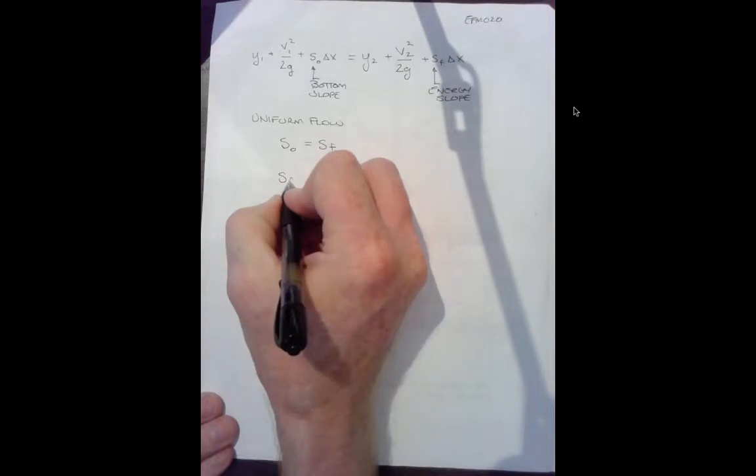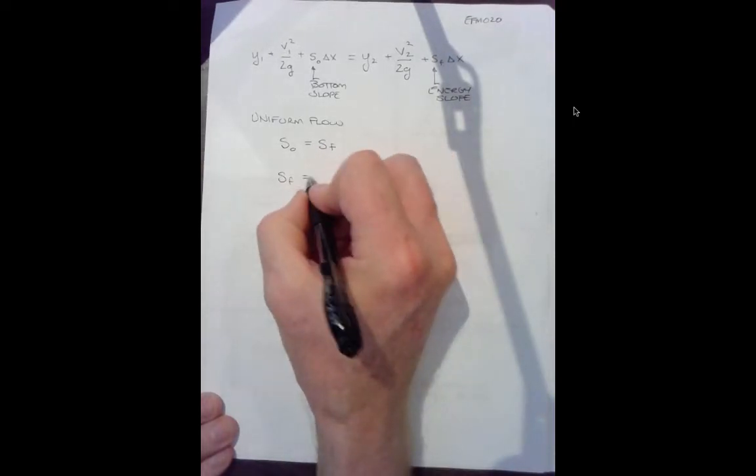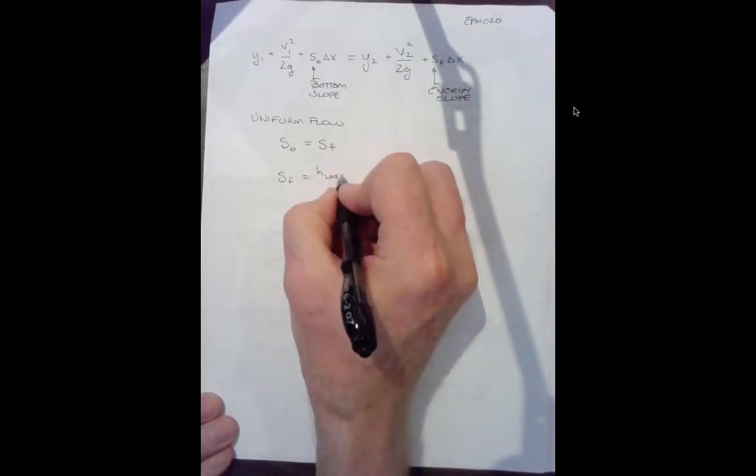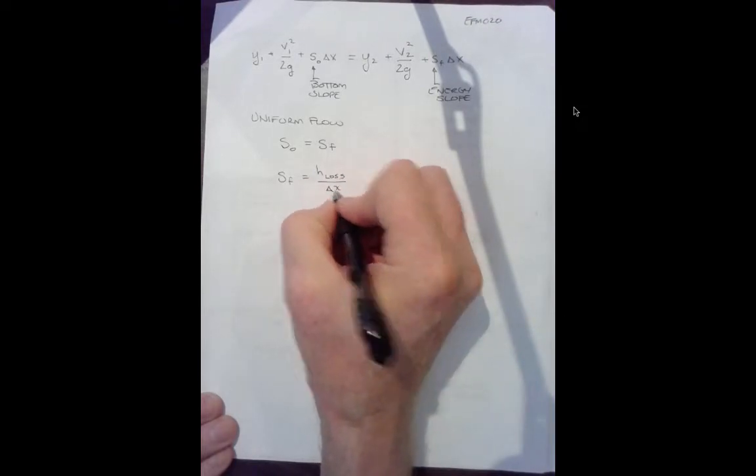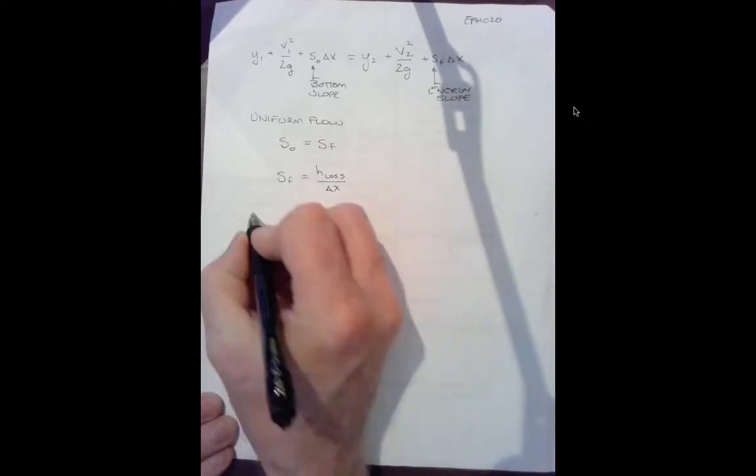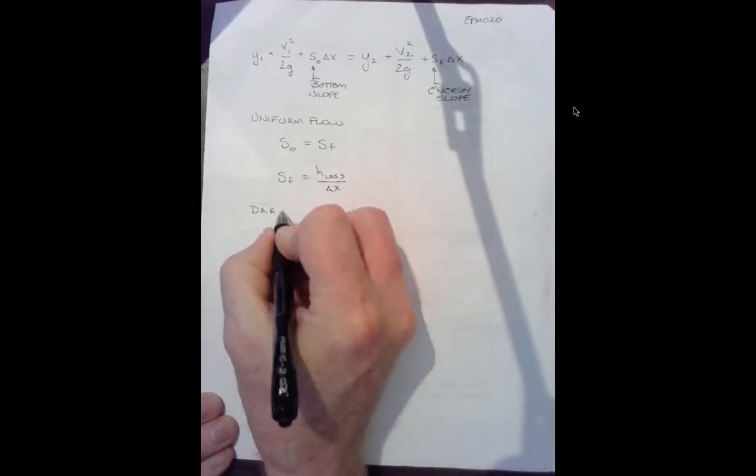But the friction slope from our prior diagram happens to equal the head loss per unit length. So let's look at the Darcy-Weisbach representation.